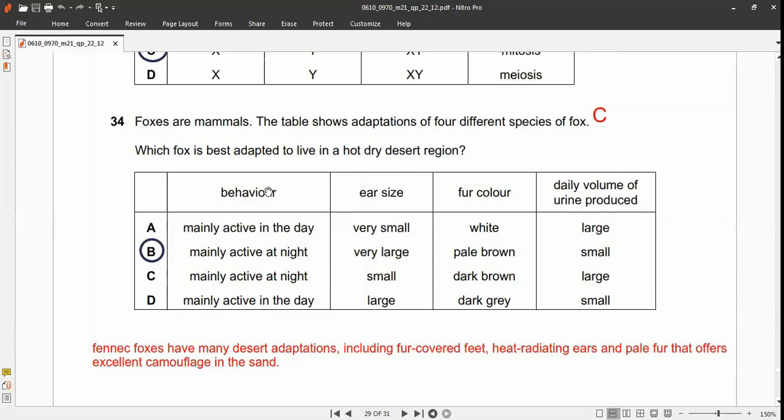So behavior here, mainly active at night, because the desert is hot, and ear size very large, and fur color pale. And daily volume of urine produced is small, to save water.